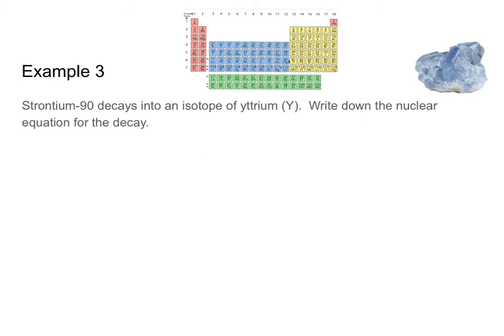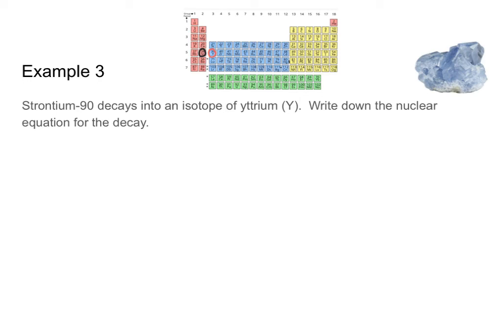Okay, so another example. Strontium-90, looking at my periodic table, I can find strontium, and that is right here, Sr, atomic number 38. And so strontium is going to decay into an isotope of yttrium, which is atomic number 39, right next to it. And we want to write down the nuclear equation for this decay.